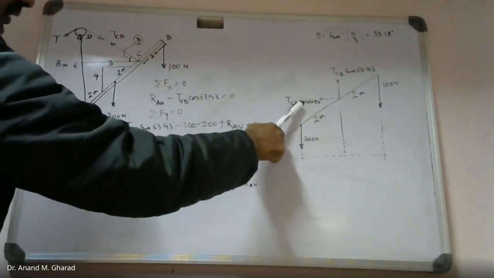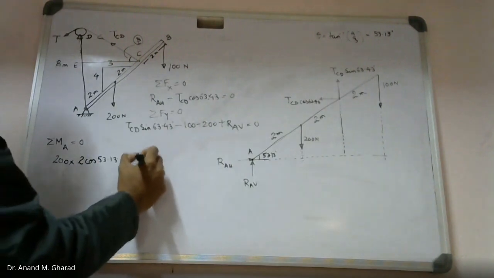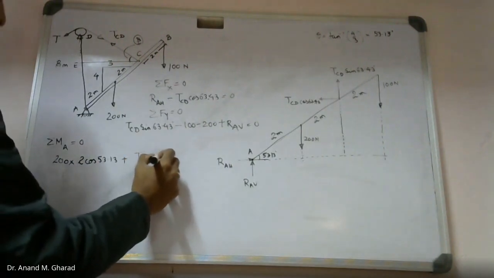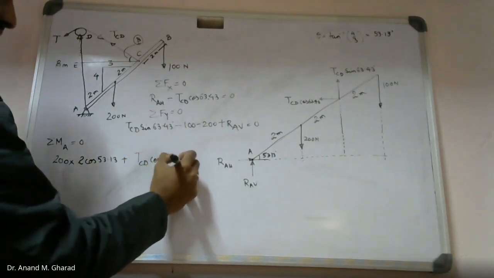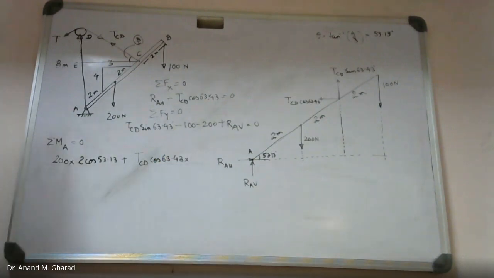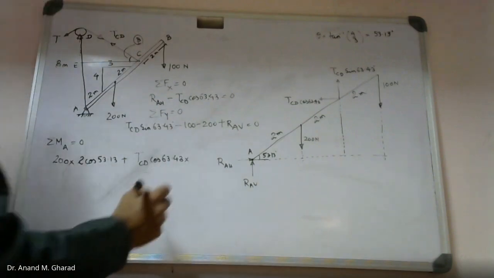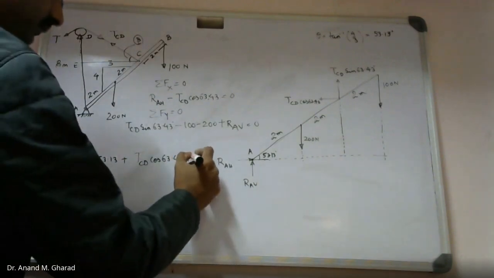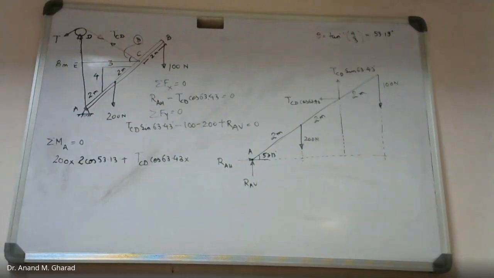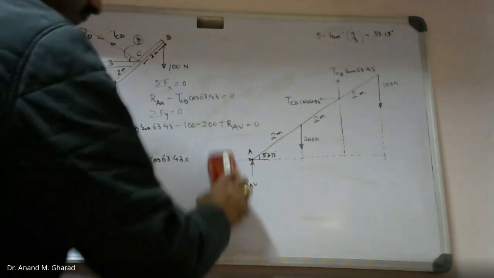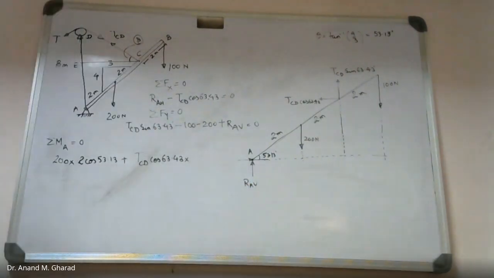So for example, TCD cos of 63.43. What now will be the perpendicular distance associated to this? 3.2. Is it 2 sine of 53.13? Am I right? Will it be the sine component? Sorry, 4.